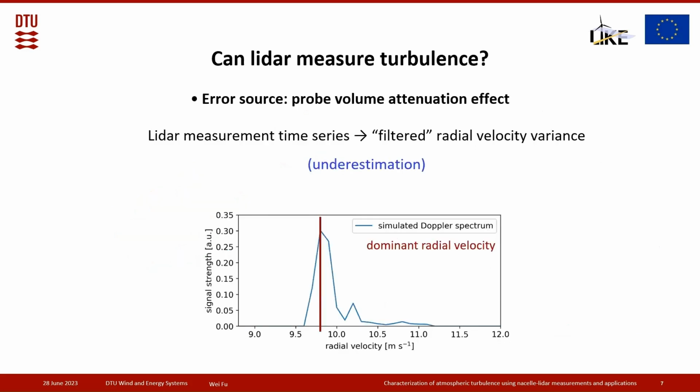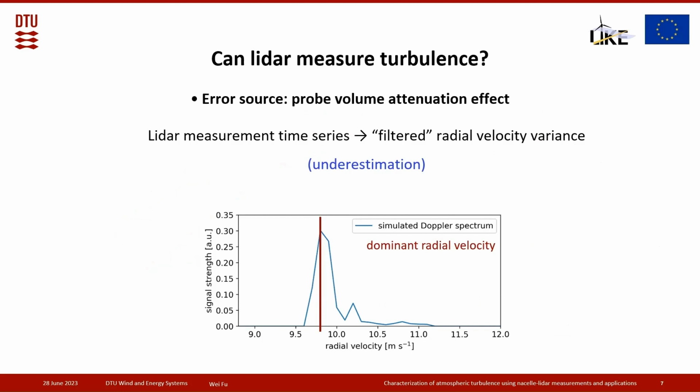So now we might ask ourselves, can LiDAR measure turbulence? Turbulence is usually calculated by taking the variance of the LiDAR measurement time series. However, the dominant radial velocity we get doesn't use the full information of the whole Doppler spectrum. It's actually a spatially weighted fluctuation.